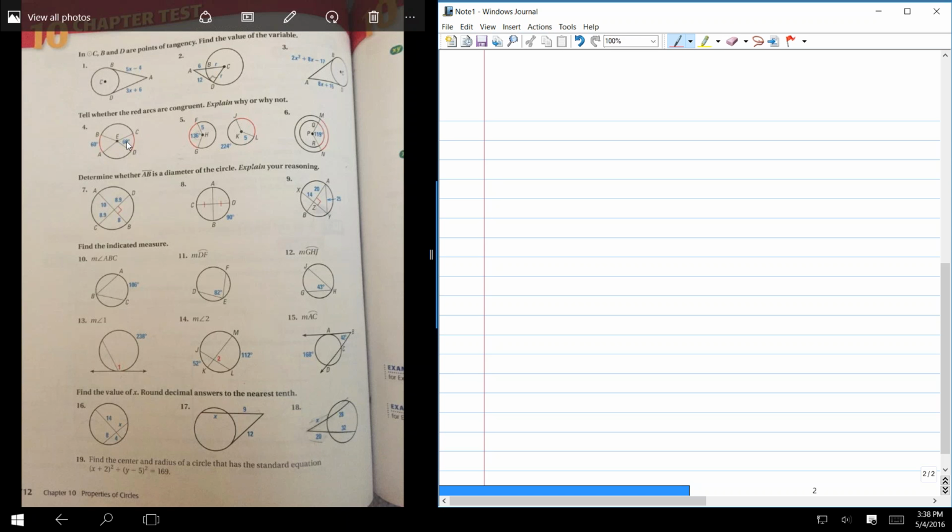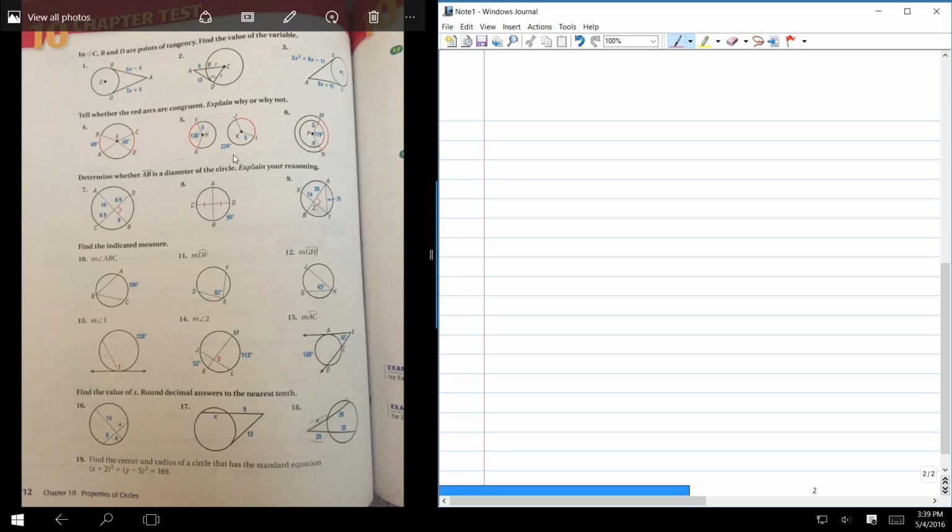And the fact that that angle is 60 degrees means that that arc is 60 degrees. So you have a 60-degree arc and a 60-degree angle. So yes, because they're both 60-degree arcs, they're congruent.